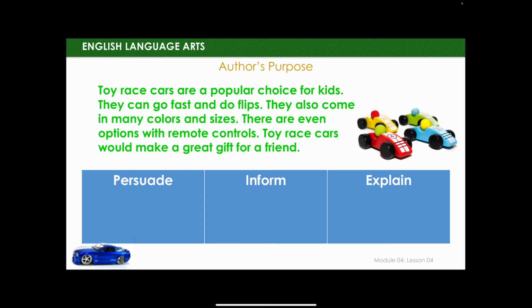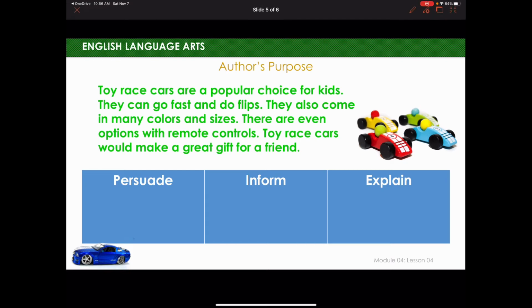All right, so let's think about the author's purpose here. Is the author trying to persuade us, to inform us, or to entertain us? Let's go back and reread it and then go back and ask ourselves those questions that I showed you on the last slide.